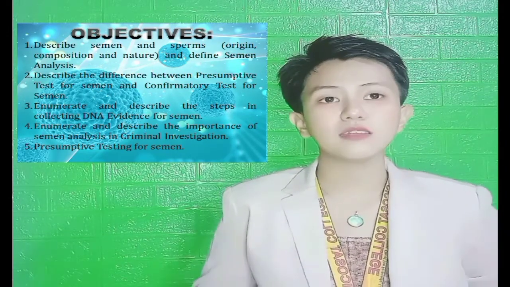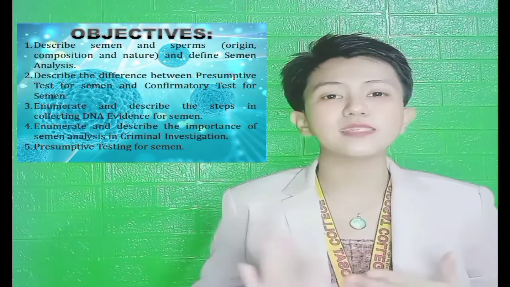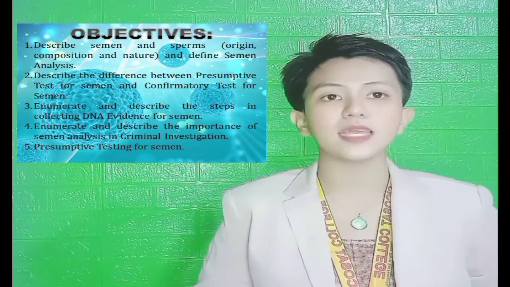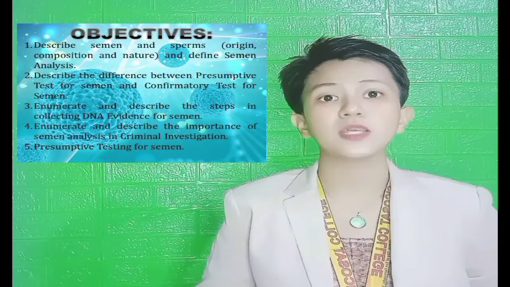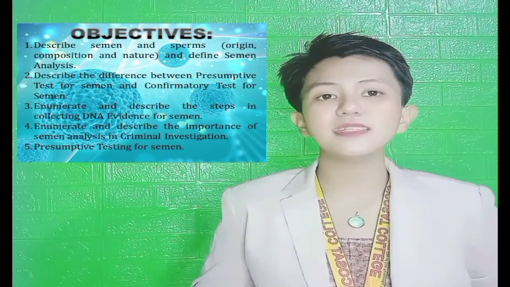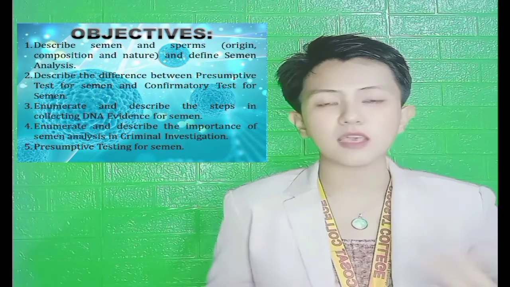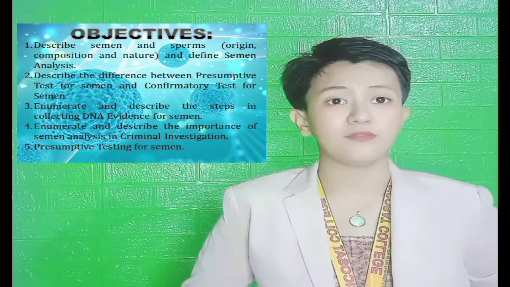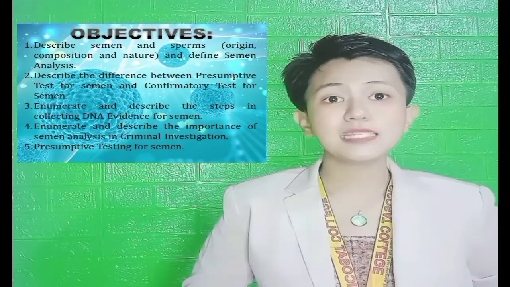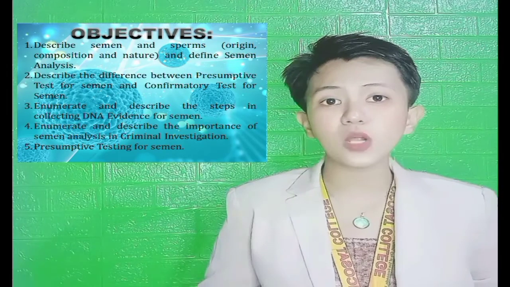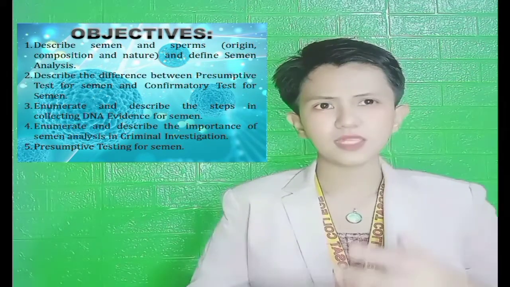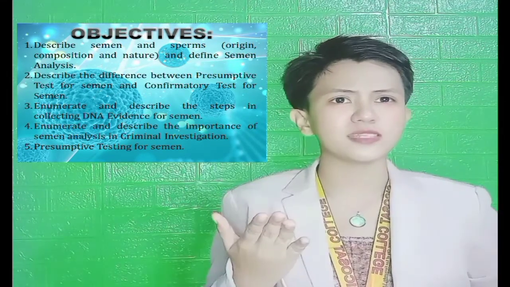The third is to enumerate and describe the steps in collecting DNA evidence for semen. Fourth, enumerate and describe the importance of semen analysis in criminal investigation. And lastly, presumptive testing for semen. So we have discussed all the objectives.